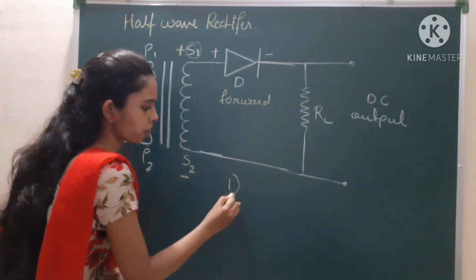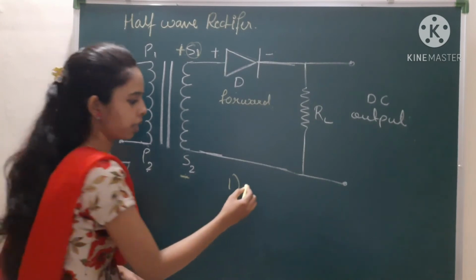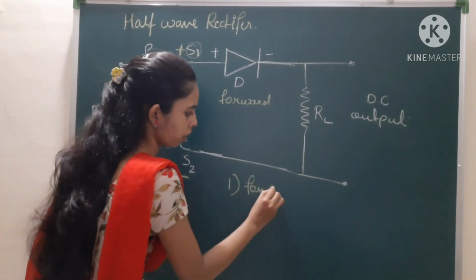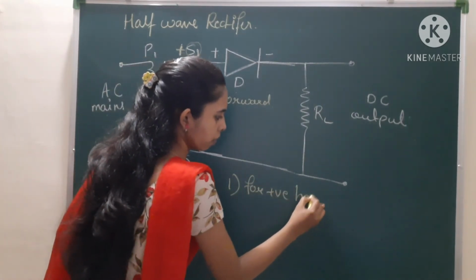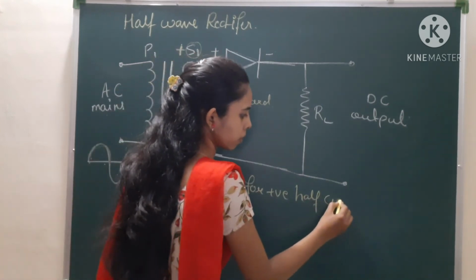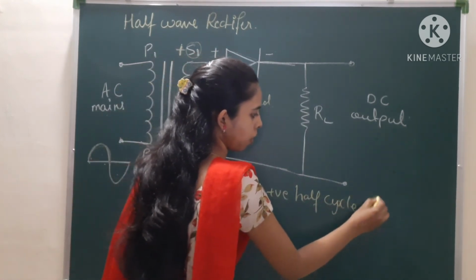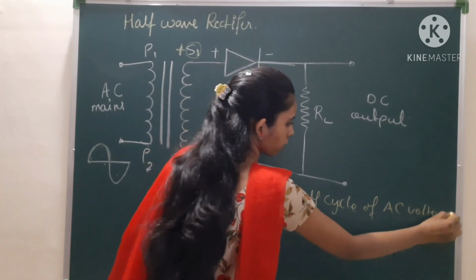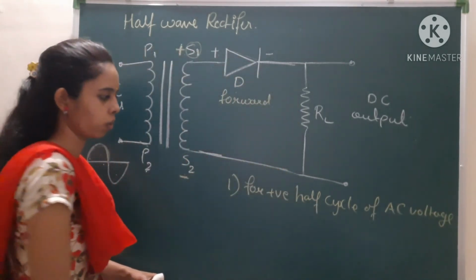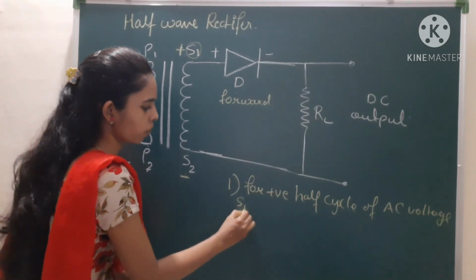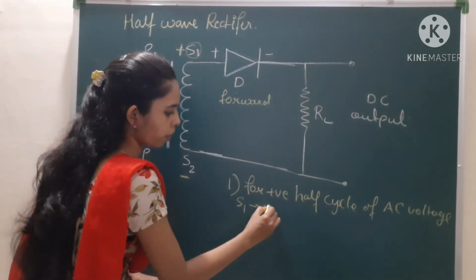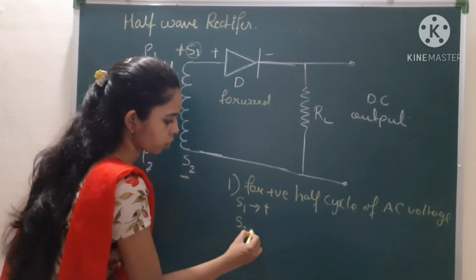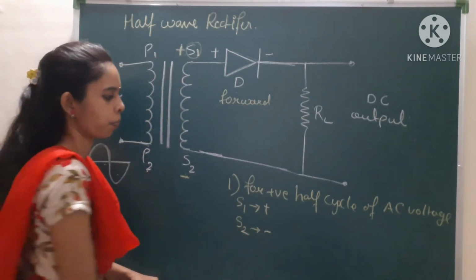So in the first stage, what we have seen is that for the positive half cycle of the AC voltage, S1 will become positive and S2 will become negative.